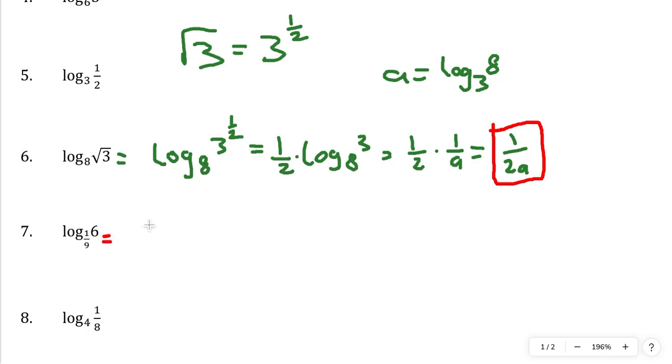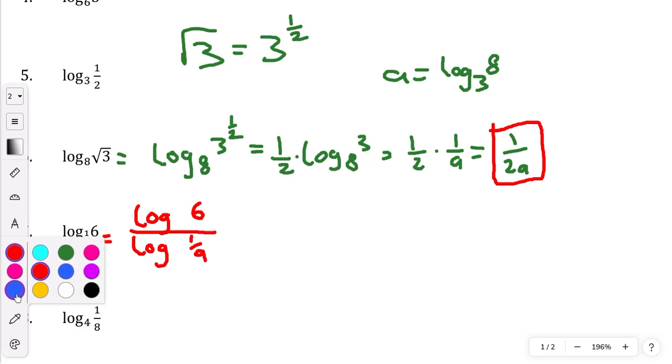I don't like 7. All right, so I'm going to use the change of base formula because I don't like it. And so what I mean is I'm going to get this to be log of 6 divided by log of 1/9. Now my question is, what base should I use? I have an idea.